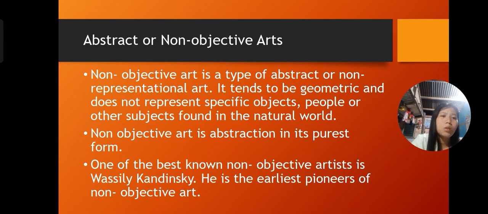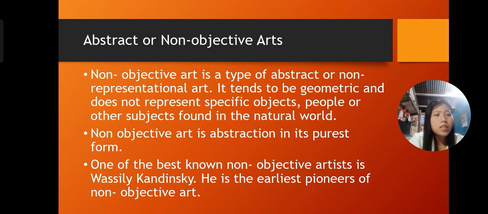One of the best-known non-objective artists is Vasily Kandinsky, one of the earliest pioneers of non-objective art. It defines a type of abstract art that is usually but not always geometric and aims to convey a sense of simplicity and purity.